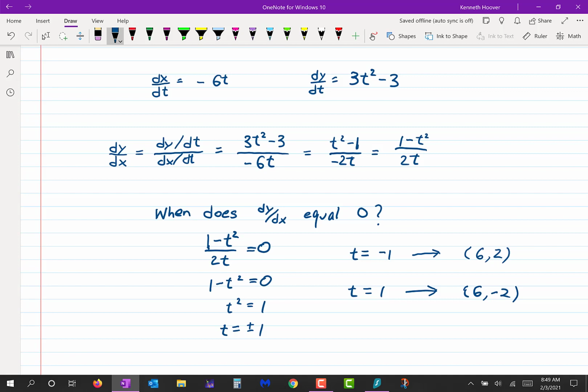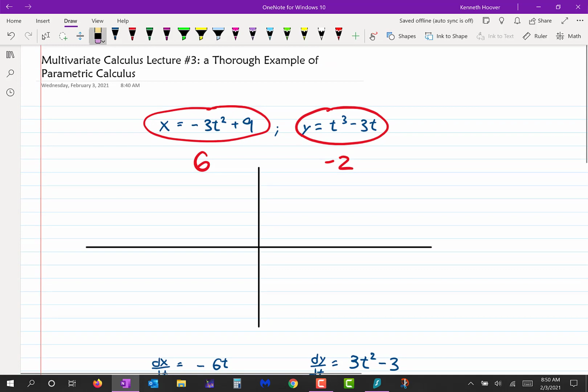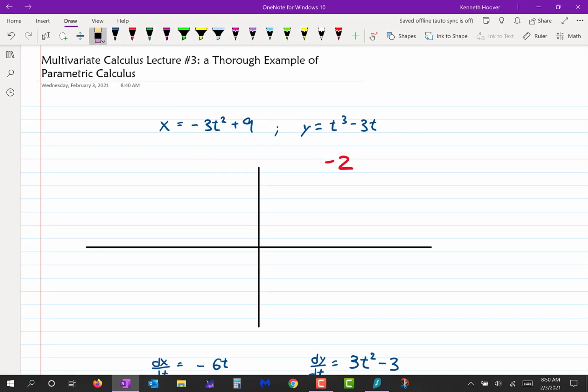Those are 2 points where the derivative is 0. So the graph will be horizontal at those 2 points. So let's plot those in the picture here.